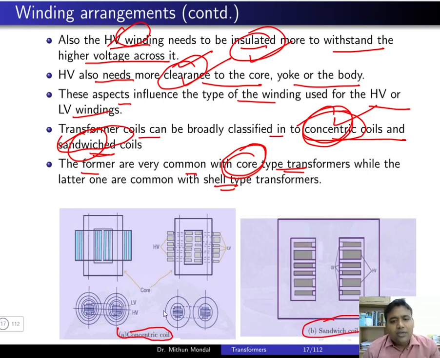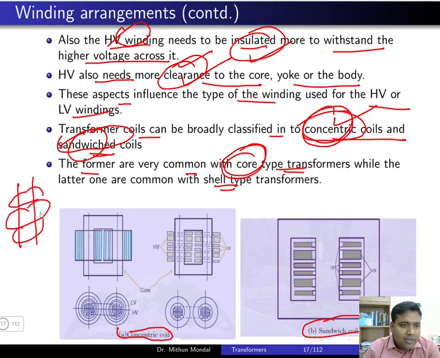Concentric coils generally mean that the low voltage winding and high voltage winding are placed in such a manner that if you have this leg of the transformer, first the low voltage winding will be there, and then the high voltage winding will come outside.